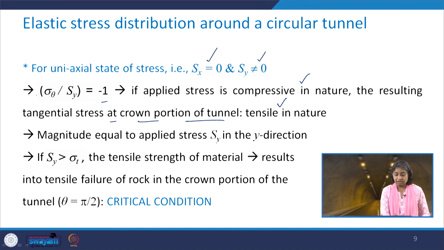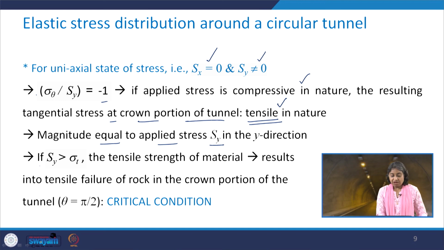So, if it is positive here, it is negative there. We need to be careful here that we have tensile stresses in the crown portion of the tunnel. Now, the magnitude of this is equal to the applied stress in y direction, but of equal and opposite sign.